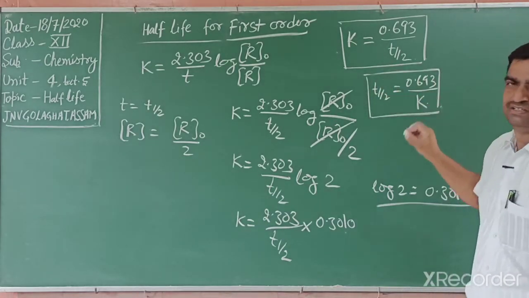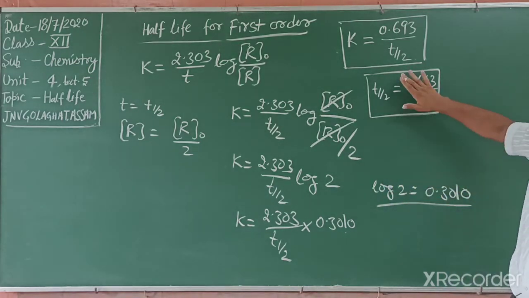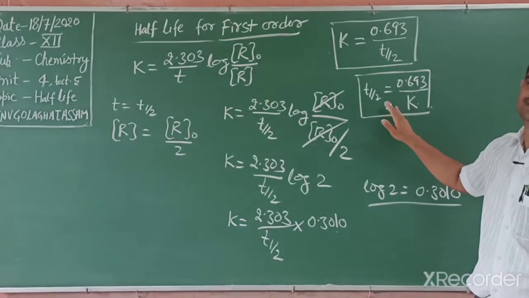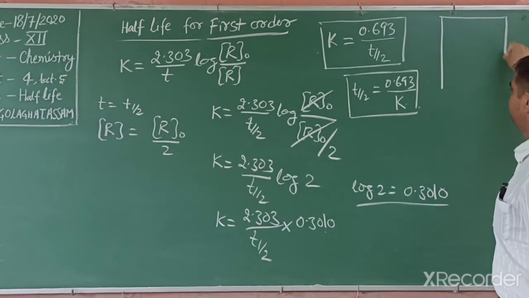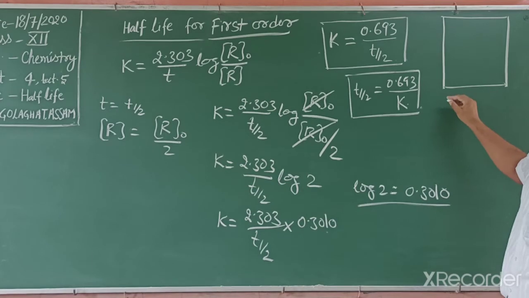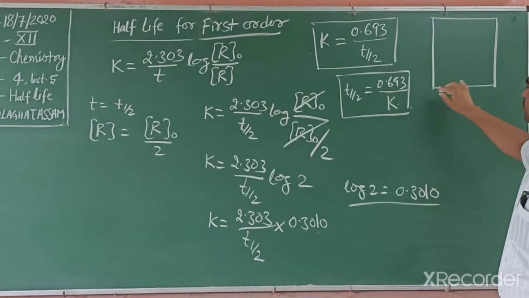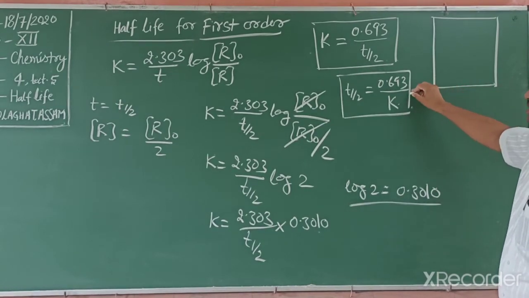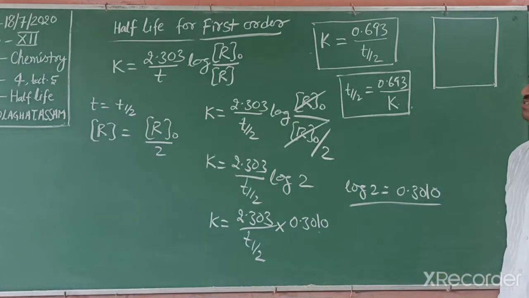So students, half life for a first order reaction is independent of initial concentration. It does not depend on initial concentration. If we make a curve for half life and concentration, it remains constant, because concentration does not change it. But in zero order, it is directly proportional.